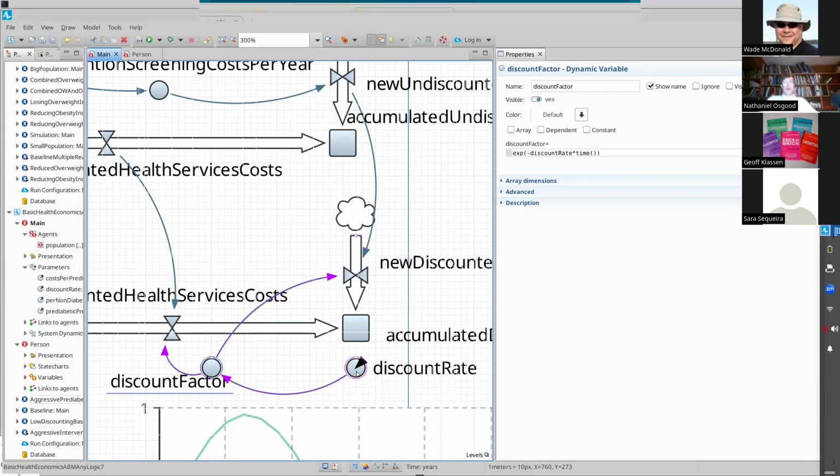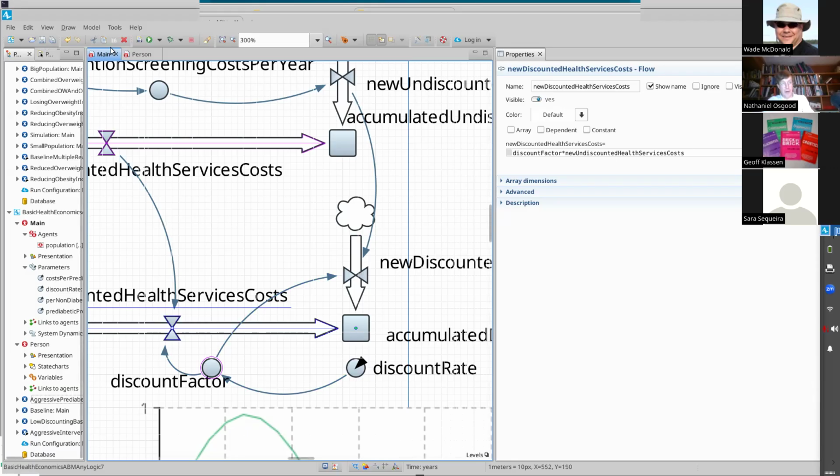Then the discount factor would be going down from 1 at the start of the model, successively down this exponential way that reflects the discounting. That just multiplies whatever value of this flow, and that will give the value of discounted. And the same thing with this, just this value times the discount factor. So it accumulates discounted costs.